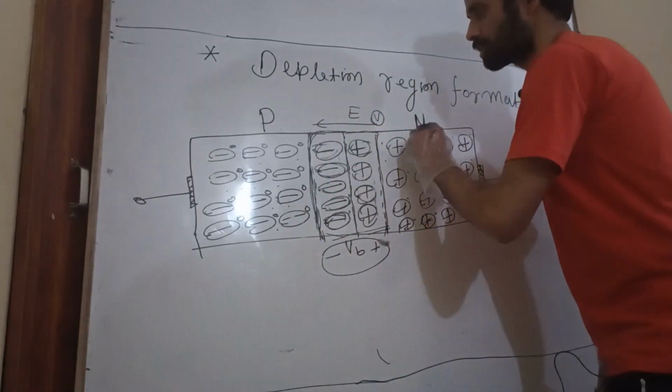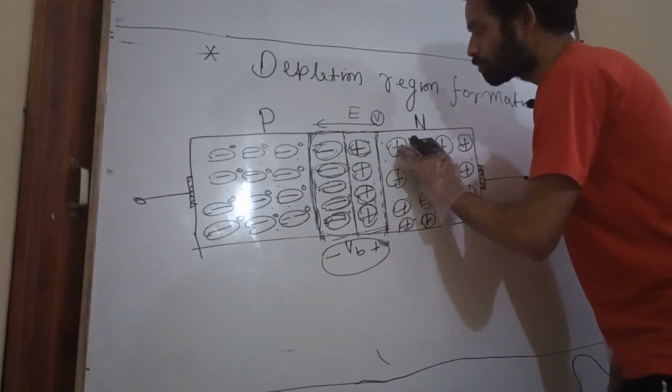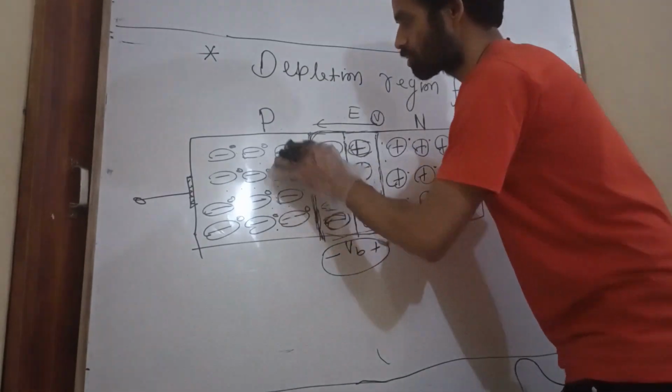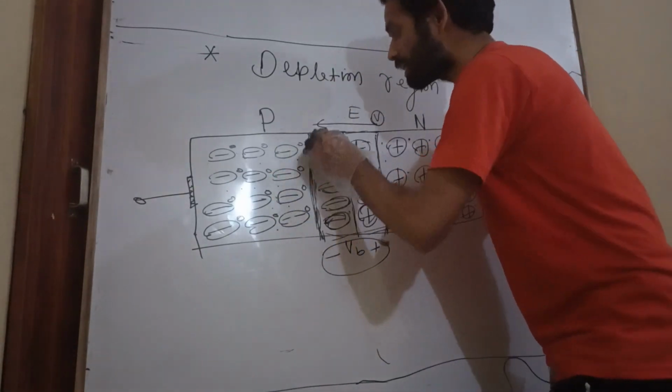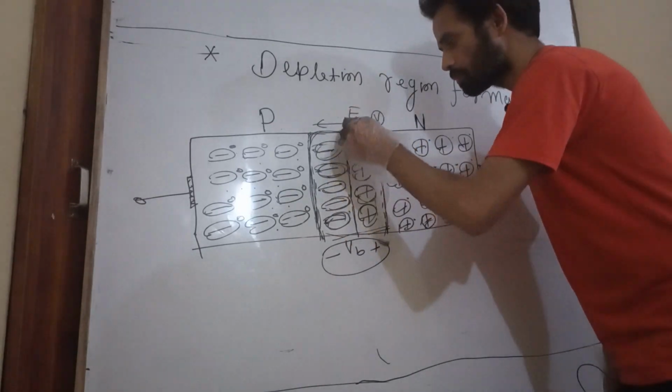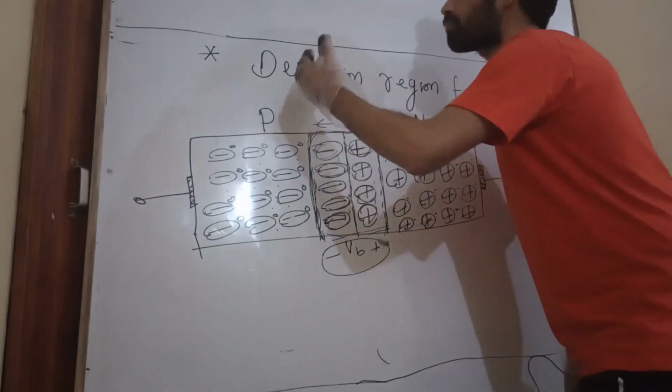Similarly, when the majority charge carrier electrons migrate from the n region to the p region, they will quickly recombine with some of the majority holes and disappear from the scene.